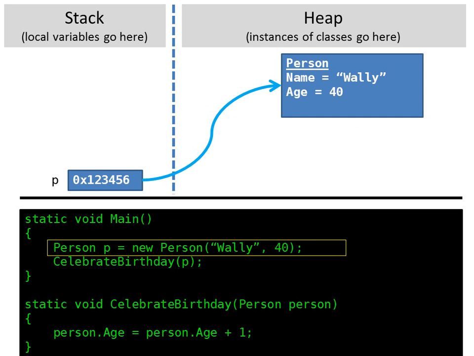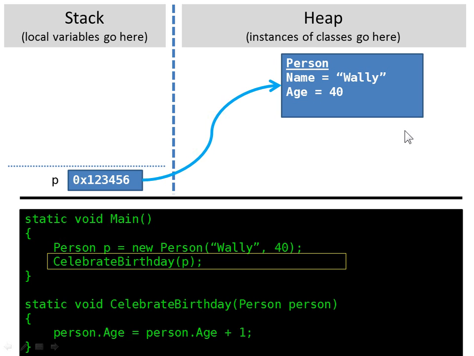Now, let's think about how these references work when you're passing them to methods. So here we have a method called celebrate birthday, and it takes in a reference to a person. We're going to call that method with a person P equals new person. So here, at this line of code, we have this familiar diagram with the stack and the heap.